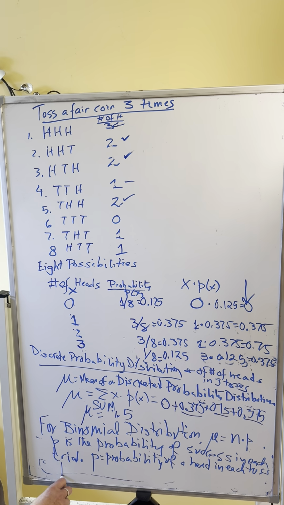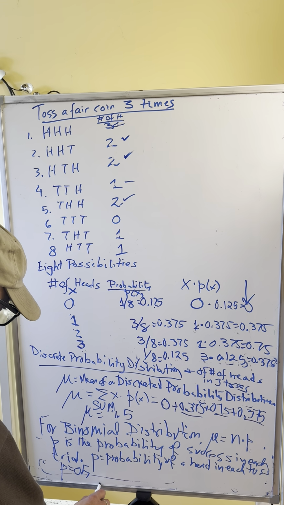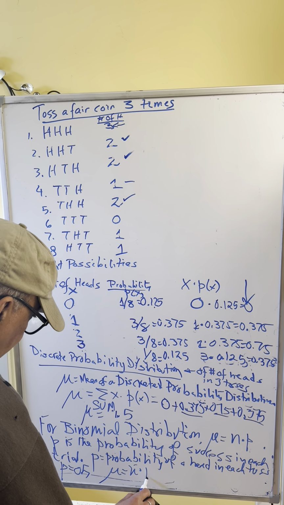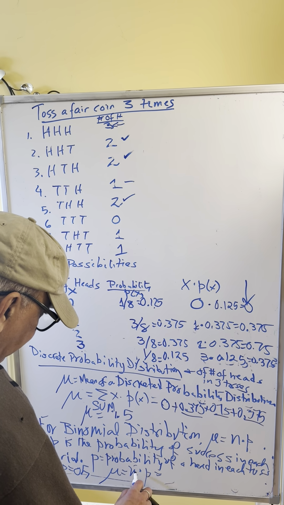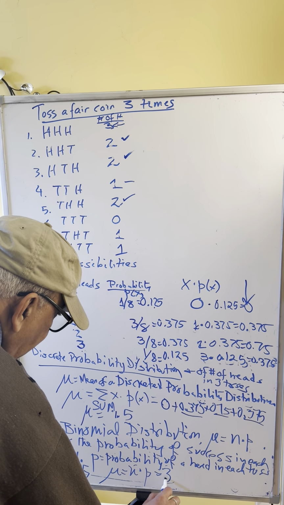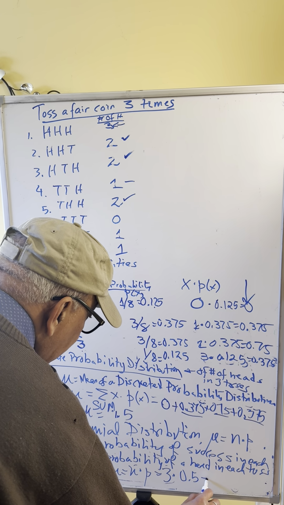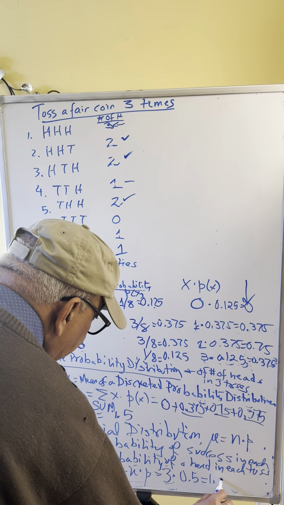And remember, we are tossing the coin 3 times. So mu is equal to n times p. We toss the coin 3 times, so n is 3 and p in the long run is 0.5, which is equal to 1.5.